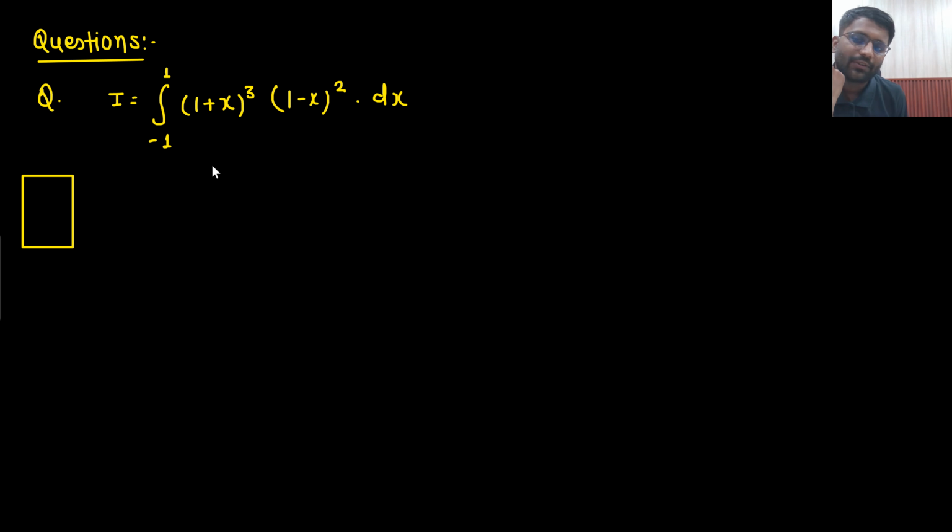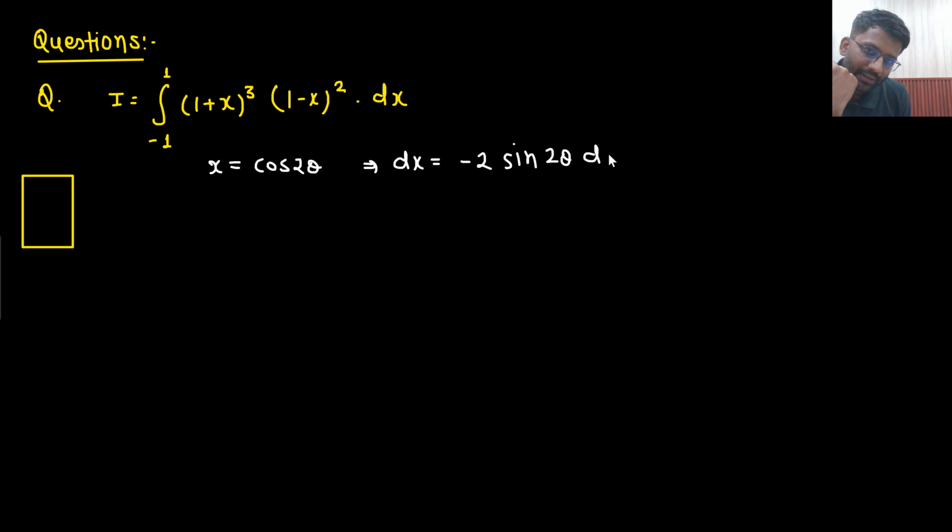Then I will think of x equals cos 2 theta. Say yes or no. Then what will be your dx? So dx will be minus 2 sin 2 theta d theta, or you can write minus 4 sin theta cos theta d theta. Right? Now we need to write down the limit.